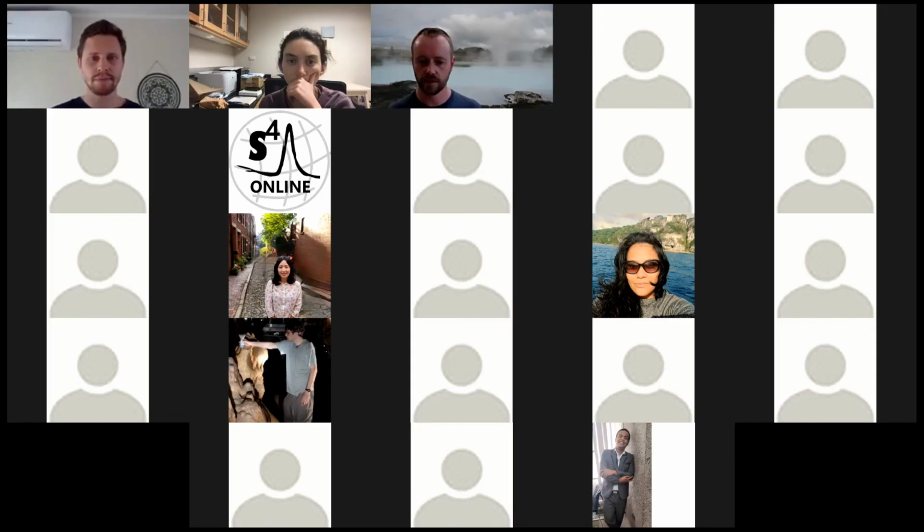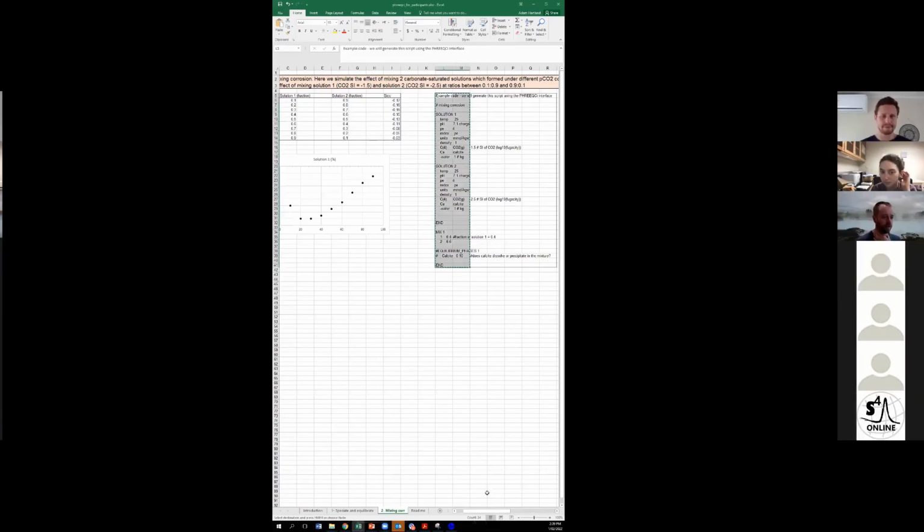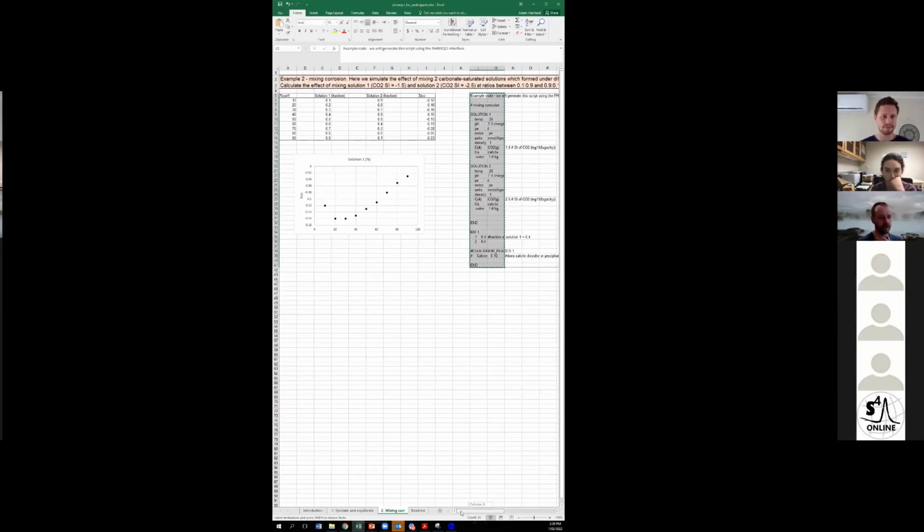I'm just going to quickly stop sharing and go back to the spreadsheets. It's that one. So hopefully you can see on the screen there, I've got a graph. Don't know if that's come up. Let me see, it should be. And so I've just calculated the saturation index in PHREEQC with different mixing proportions.